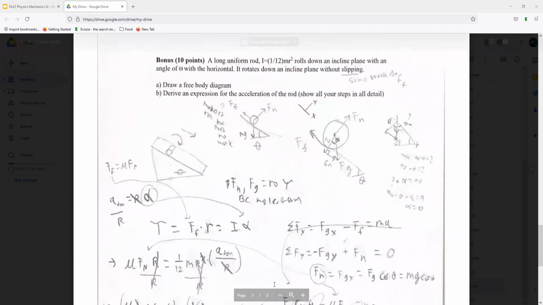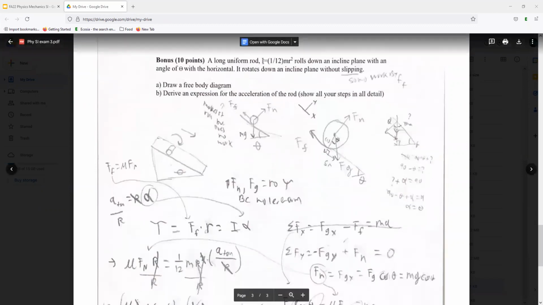Then you have the bonus question. They give you the inertia of the uniform rod. I drew a little picture here where you see it rolling down. So you've got rotation here. Let's see.